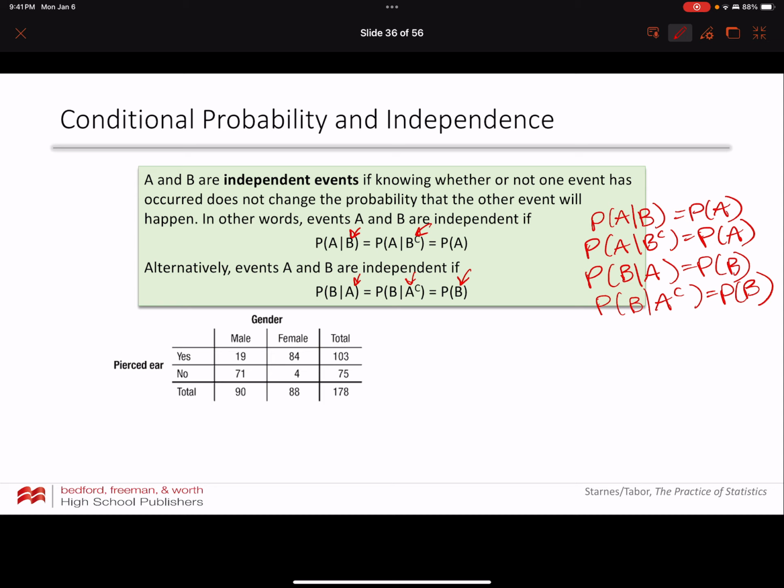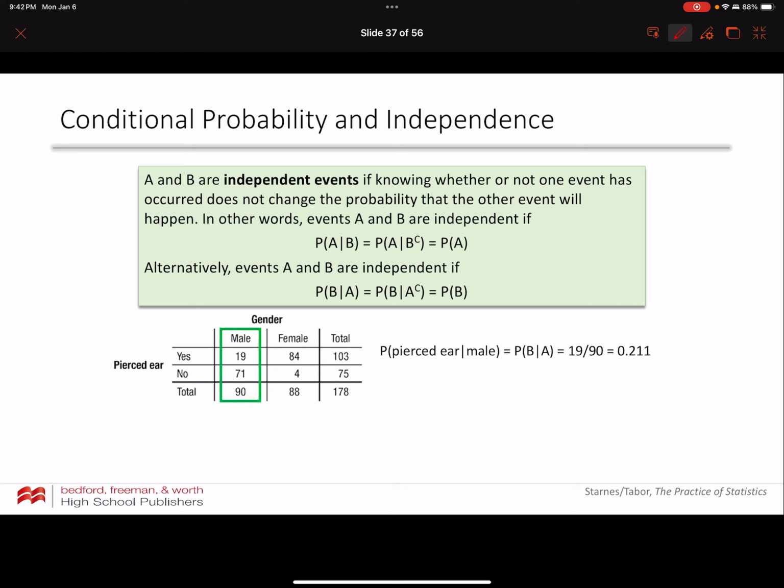Let's look at this two-way table and some data about gender versus whether or not people have their ears pierced. And let's think, are these 2 variables independent or not? So if I look at this conditional probability, because it's all about the conditional probabilities, the probability that someone has a pierced ear given that they're male is 19 out of 90, or 0.211.